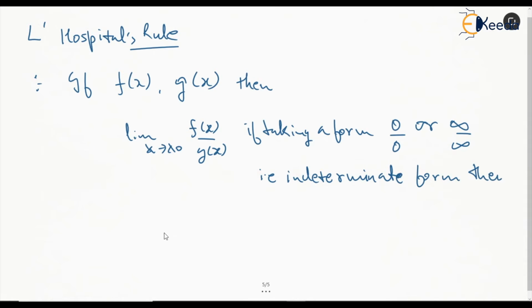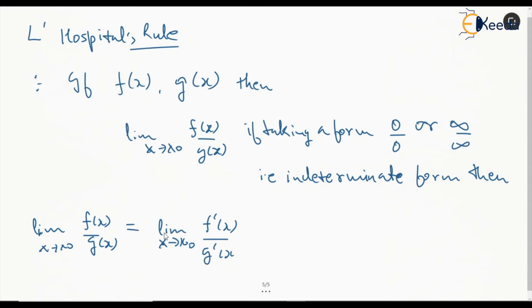then the limit of x tends to x naught f of x by g of x is given as limit of x tends to x naught f dash of x by g dash of x, right?